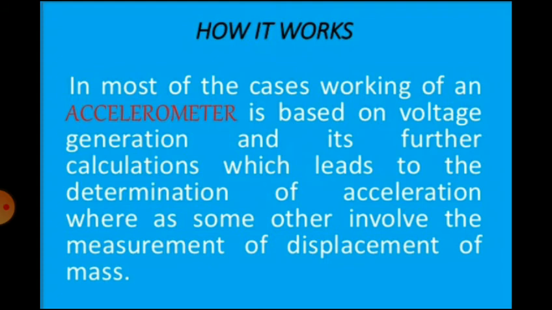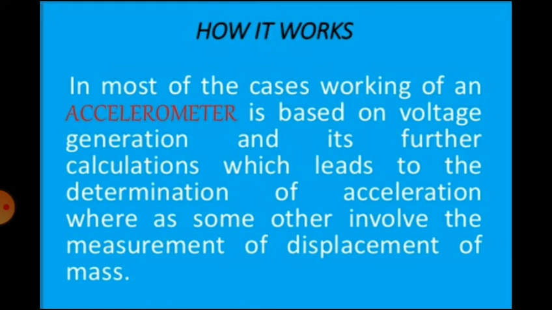The term accelerometer is applied to those pickups whose outputs are a function of acceleration. Although there is a basic difference in design and application between vibration pickups and acceleration pickups, the accelerometers are used for measurement of acceleration whether directly or indirectly.